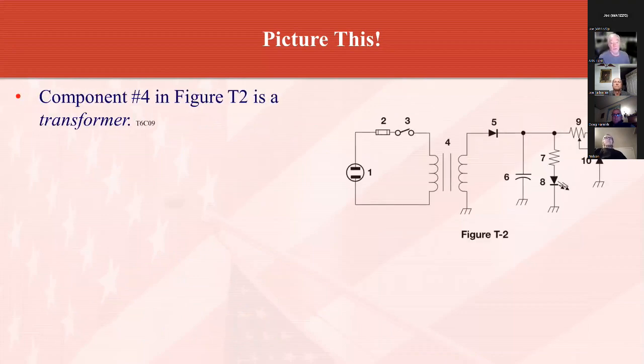So component number 4 is a transformer. And a transformer, oh my gosh, it's used for so many things, but mainly how I look at it is usually to drop the current from what you, let's say, have coming out of the wall to something lower that your device, whatever it might be, can use to power it.